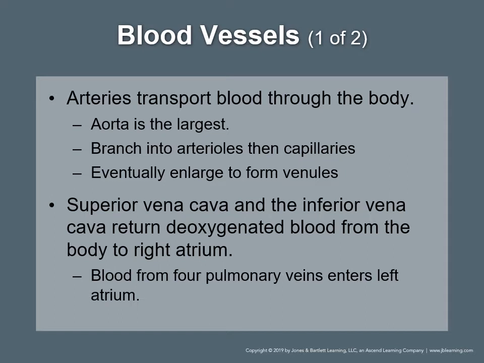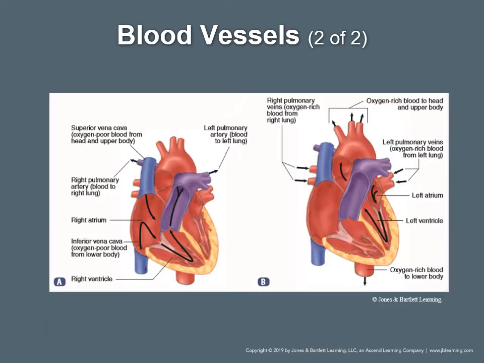Blood from 4 pulmonary veins enters into the left atrium. Blood flow through the heart is shown here. Figure A is the flow of oxygen-poor blood from the venous circulation, and B is the flow of oxygen-rich blood from the pulmonary veins through the left side of the heart into the aorta.